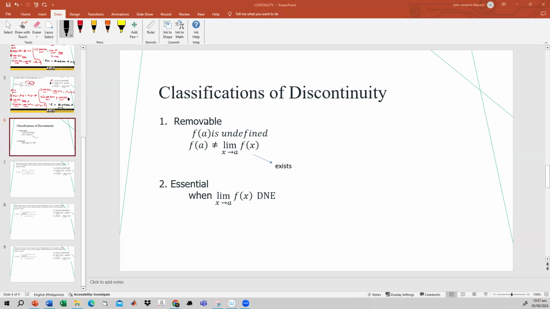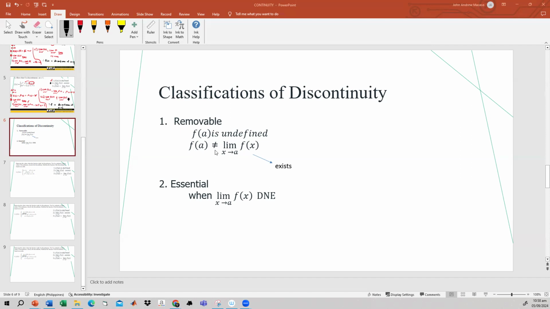For the removable, if f of a is undefined, then the discontinuity that we'll have is a removable discontinuity. It goes as well if you have f of a is not equal to the limit of f of x as x approaches a, given that this limit exists, but they are not equal.